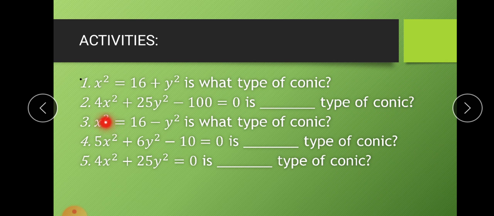Number 3: x squared equals 16 minus y squared is what type of conic? Number 4: 5x squared plus 6y squared minus 10 equals 0 is what type of conic? Number 5: 4x squared plus 25y squared equals 0 is what type of conic?